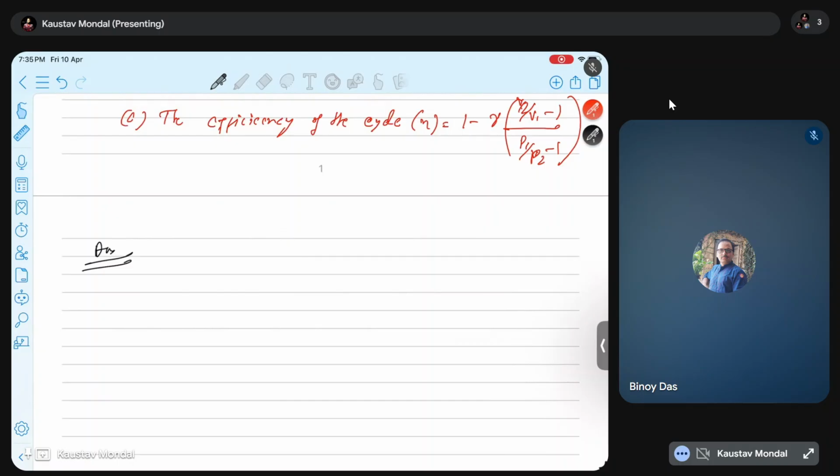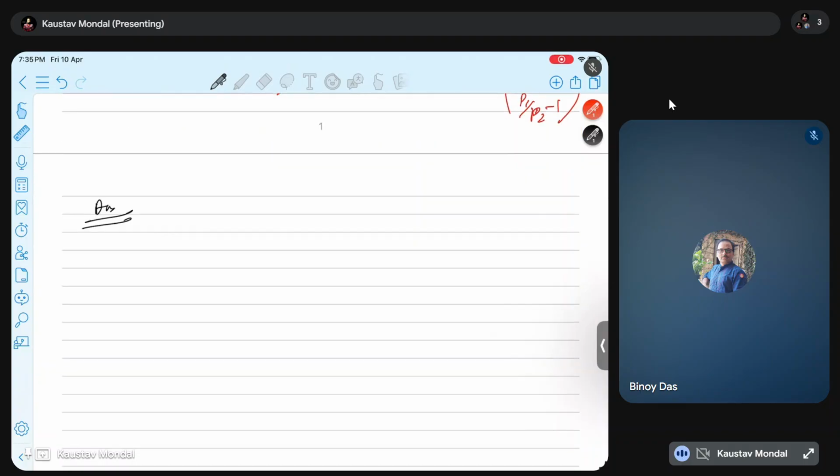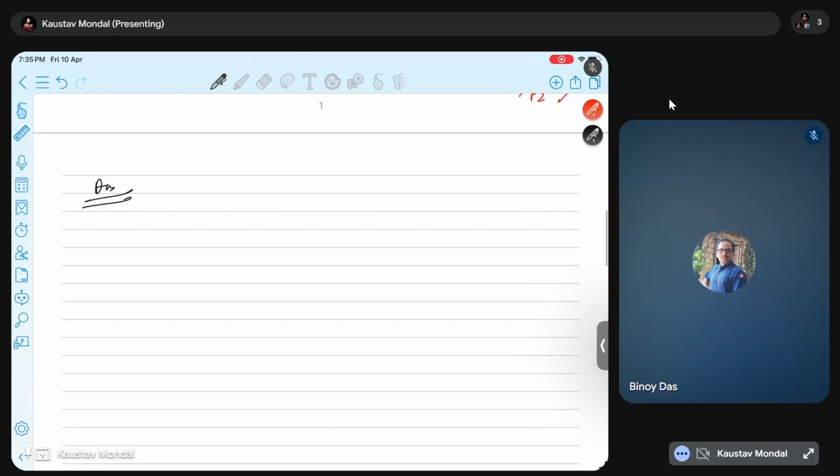First, let's draw the diagram and see how it looks. So it moves adiabatically from P1 V1 to P2 V2. Okay.